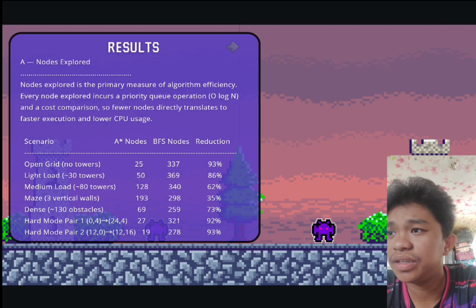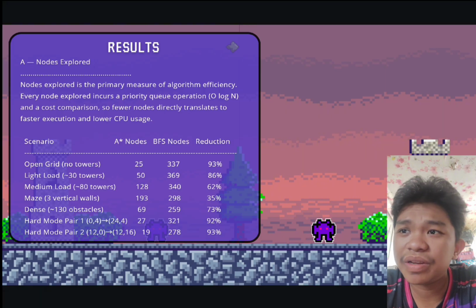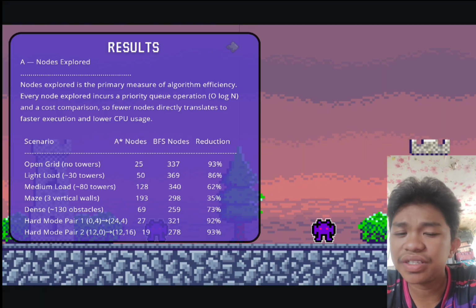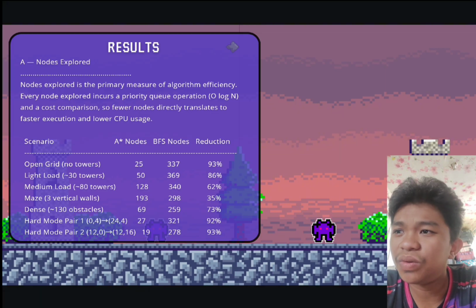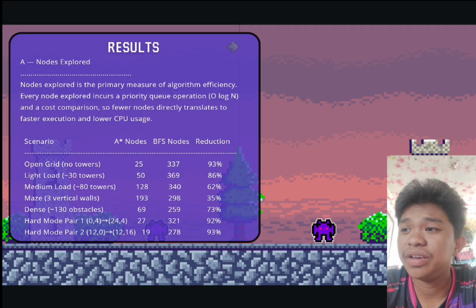Nodes explored is the primary measure of algorithm efficiency. Every node explored incurs a priority queue operation, or O(log n), and a cost comparison, so fewer nodes directly translates to faster execution and a lower CPU usage.